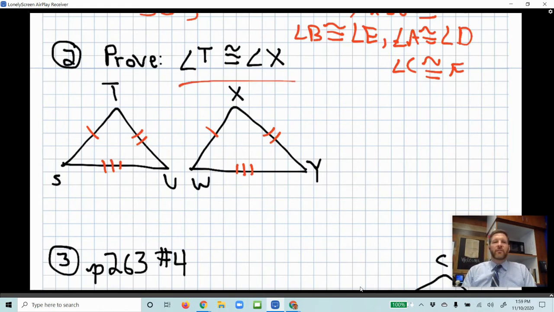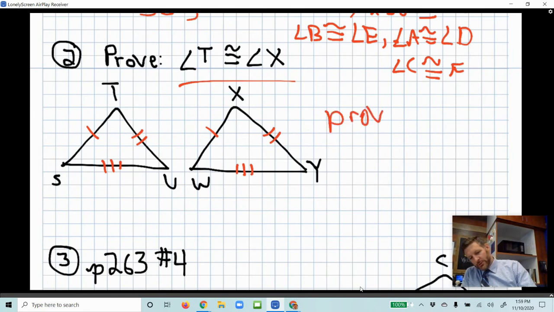You'll get proofs where the final proof is a certain angle or side, in this case, angle T and angle X. And the point behind this question is, up until this time, your last reasoning was always what I call the finishing move, SAS, SSS, AAS, etc. But now you're going to get proofs where the final proof is an angle or a side. What I want to point out is whenever that's the case, your strategy is this.